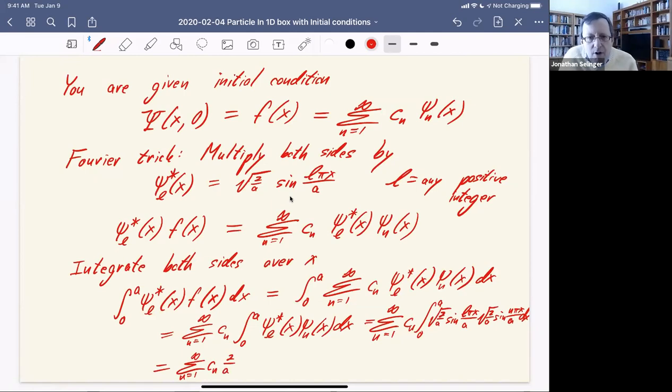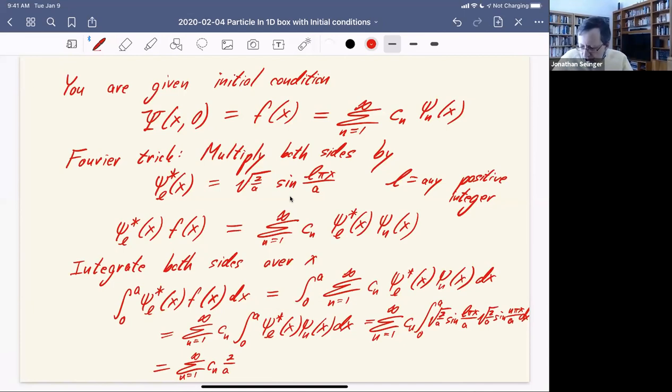I argued that if L is equal to n, then this is a sine squared integrated over the full domain, which is a half times the domain size, a.